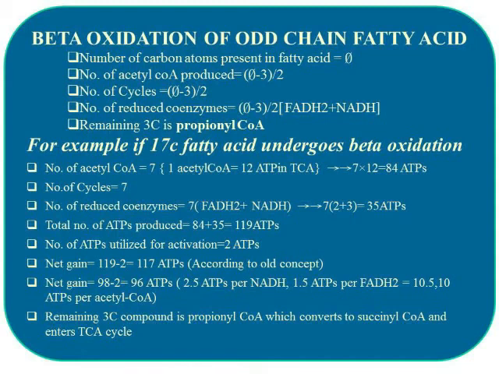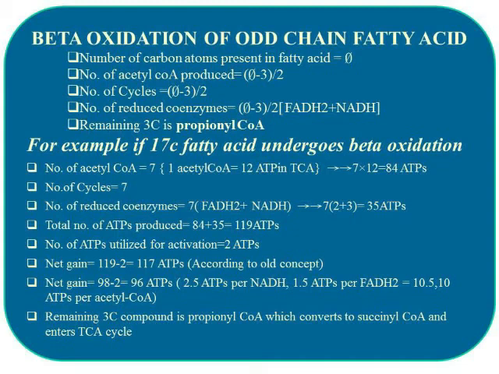Propionyl-CoA does not undergo beta oxidation and is carboxylated by propionyl-CoA carboxylase to methylmalonyl-CoA, which is then epimerized to succinyl-CoA by methylmalonyl mutase. Succinyl-CoA is an intermediate of the TCA cycle.